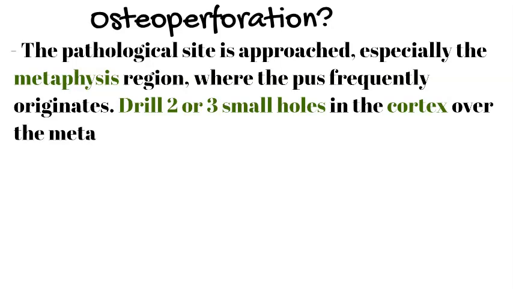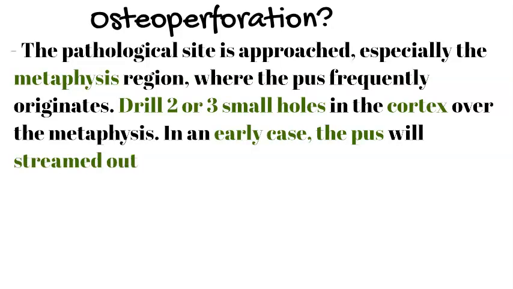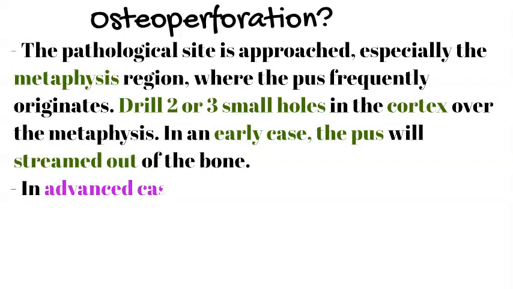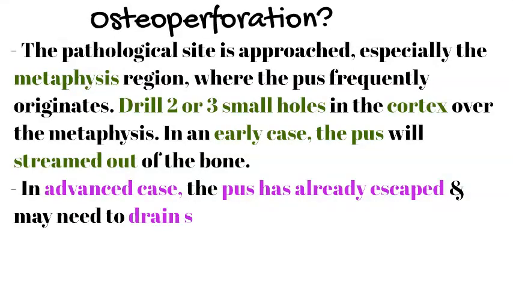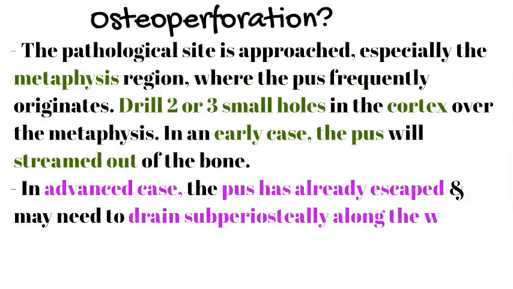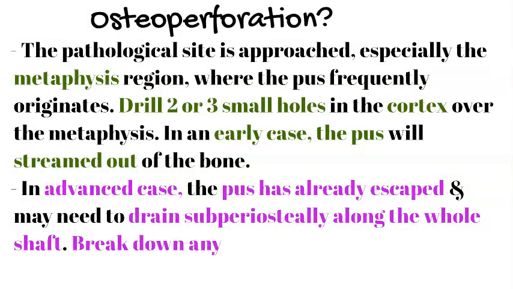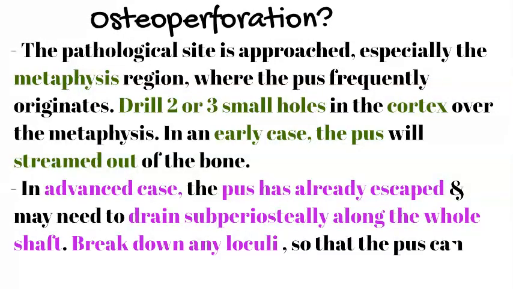Drill 2 or 3 small holes in the cortex over the metaphysis. In an early case, the pus will stream out of the bone. In an advanced case, the pus has already escaped and may need to be drained subperiosteally along the whole shaft. You need to break down any loculi so that the pus can drain freely.